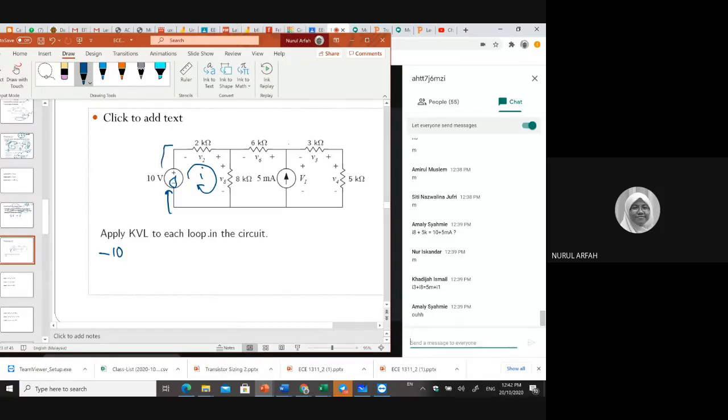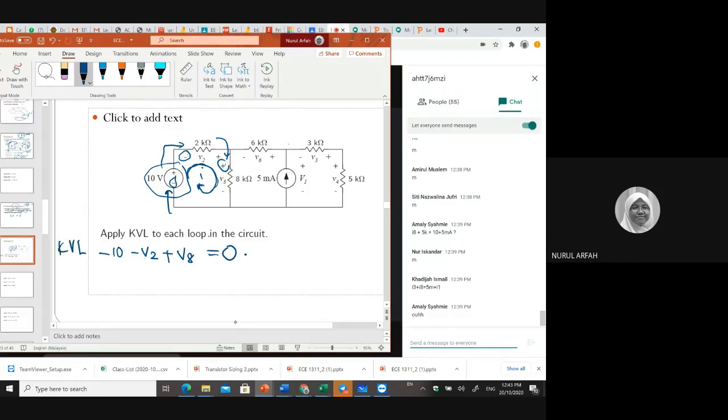And then you go, this current is the virtual current or imaginary current. So this current will be seeing this negative V2, and then the current will enter this positive V8. It should be equal to 0. But please make sure this is a voltage source. Okay. Right, this is number 1, KVL number 1.